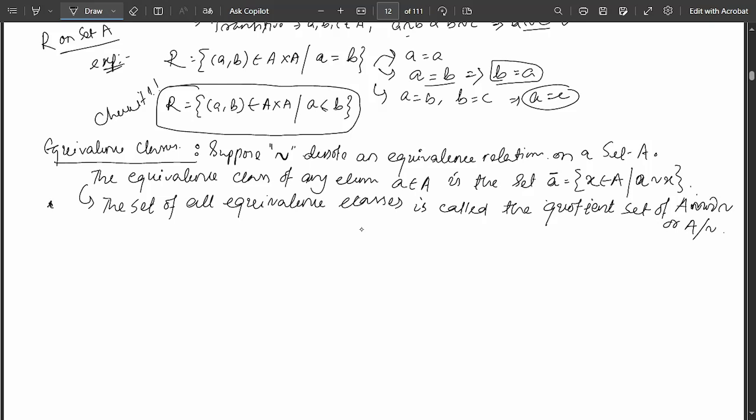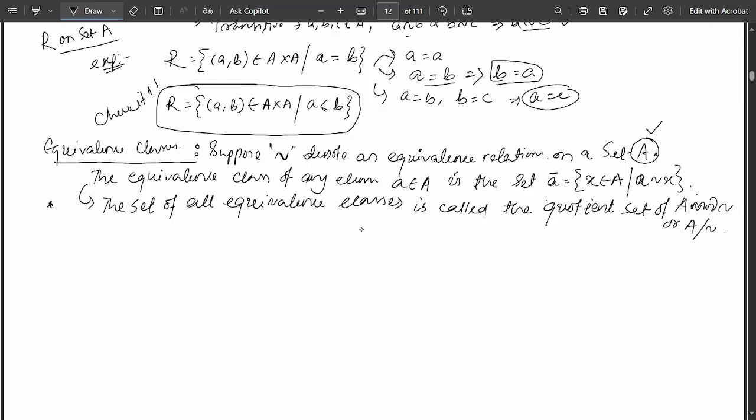This is actually the set of all equivalence classes. We understand with an example that any set can have more than one equivalence class. So the set of all equivalence classes is called the quotient set of A modulo that congruent relation.